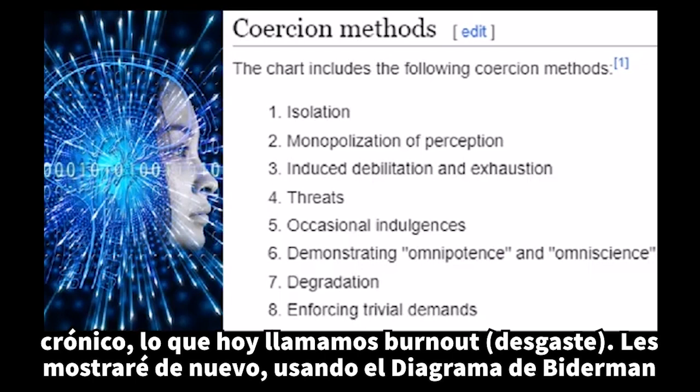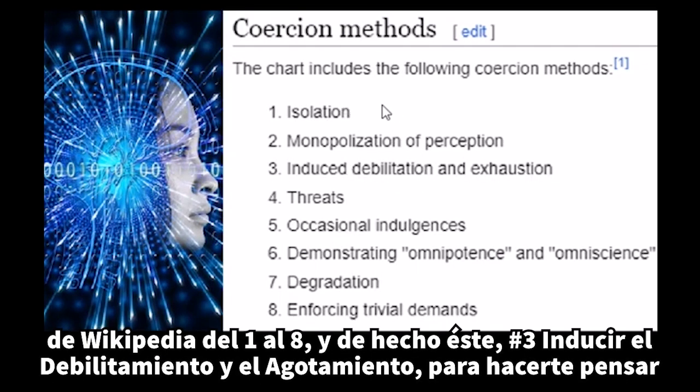So I show you one more time using the chart of Biderman of Wikipedia here, 1 to 8. And so actually this one, number 3, the induced debilitation and exhaustion.